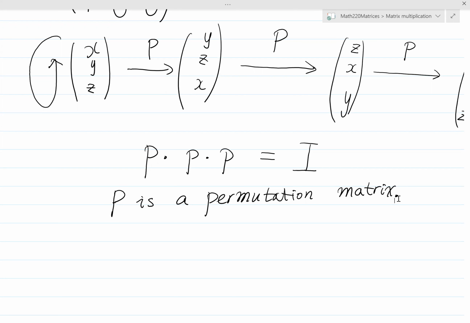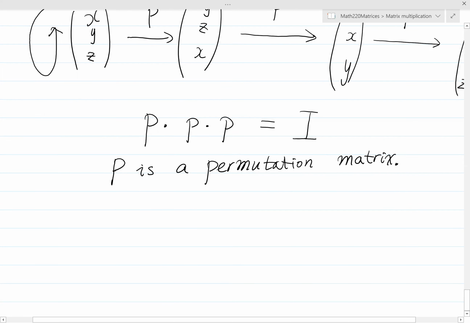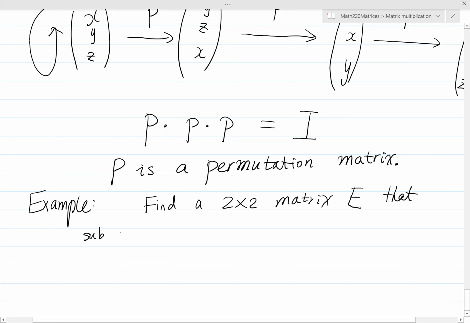Okay, let's see more examples. Example: find a 2 by 2 matrix E such that it subtracts the first component from the second component.